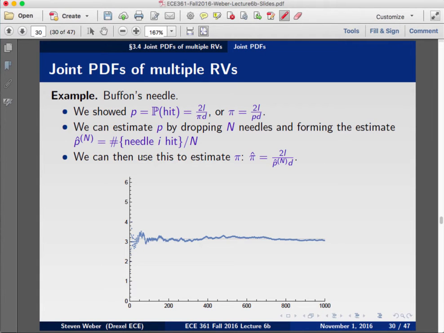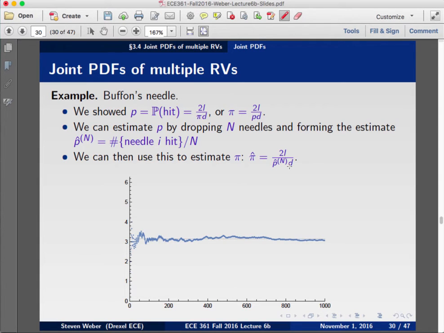So if I get a reliable estimate for p, then I could substitute my known values for L and d and my estimate for p to get an estimate for pi, the numerical constant. In particular, my estimate for pi using n needles is the ratio 2L over p hat n times d.